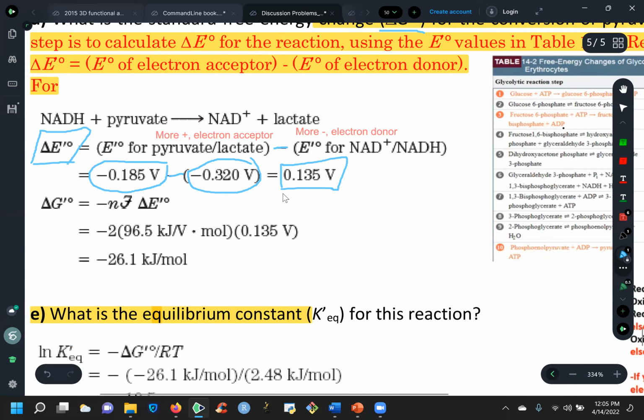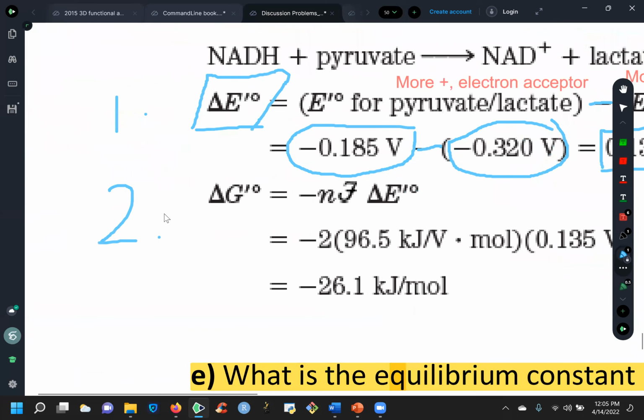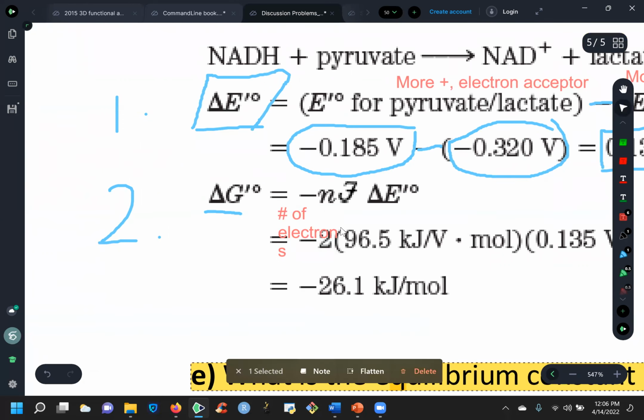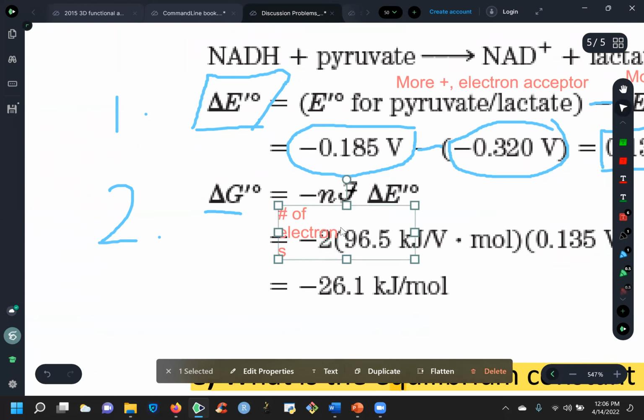And this is a new formula, so pay attention. You have your delta G equals minus N F delta E. So what was N? N is the number of electrons. That number is usually 2, but double check with the professor to see if that number will ever be anything other than 2.